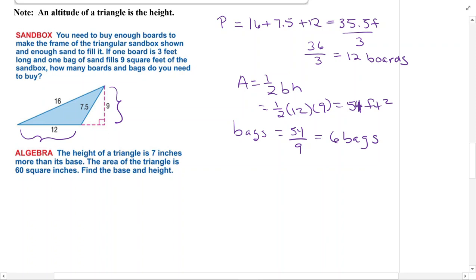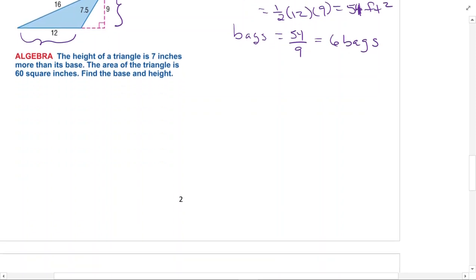The next problem tells us that the height of a triangle is 7 inches more than its base. So if I let the base be the letter B, then the height would be B plus 7. And I know that the area itself is 60 square inches.